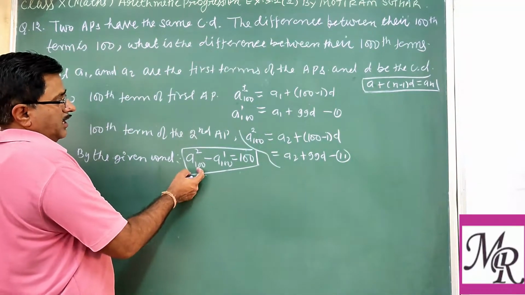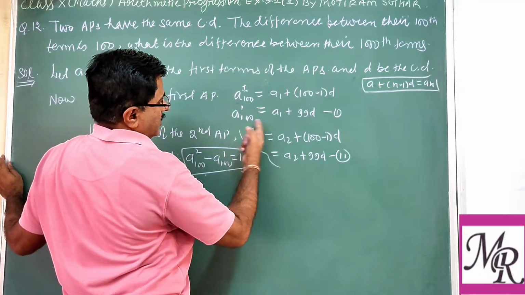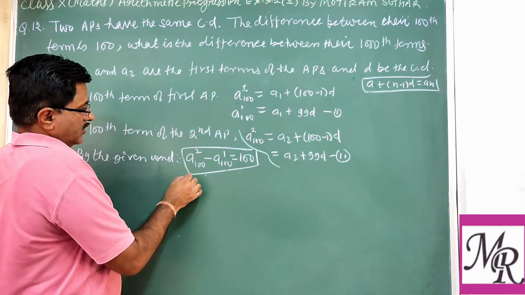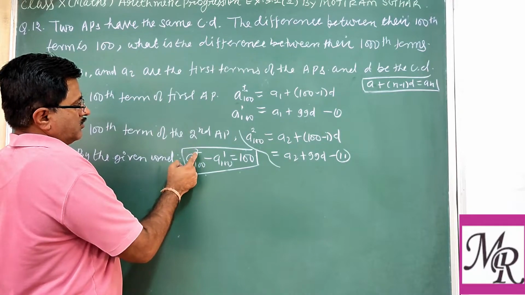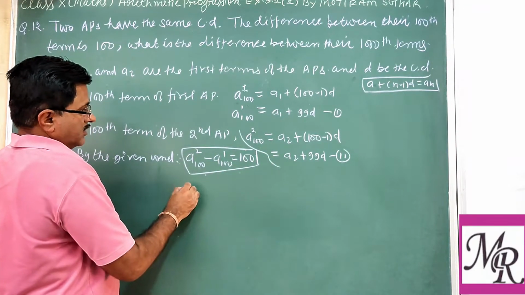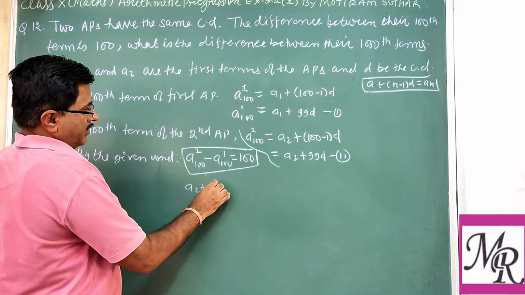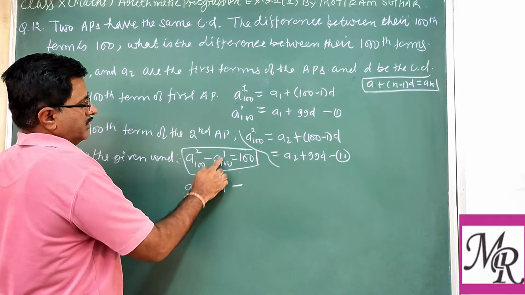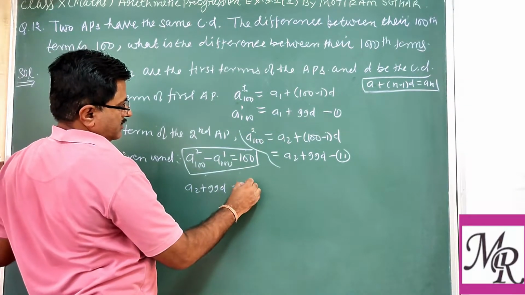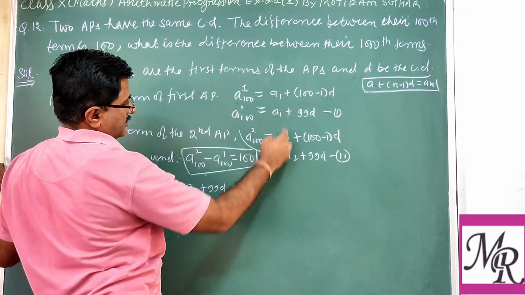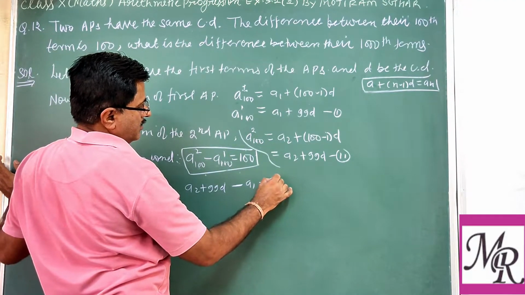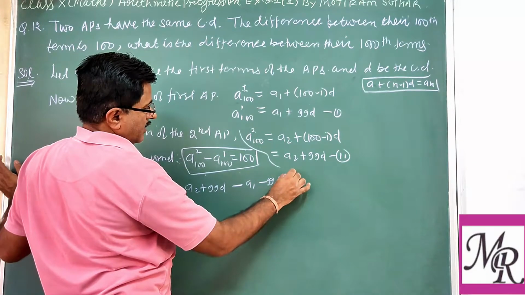So now put the values by 1 and 2. So here we put the value of this a100. a100 means a2 plus 99d minus a1 plus 99d equal to 100.